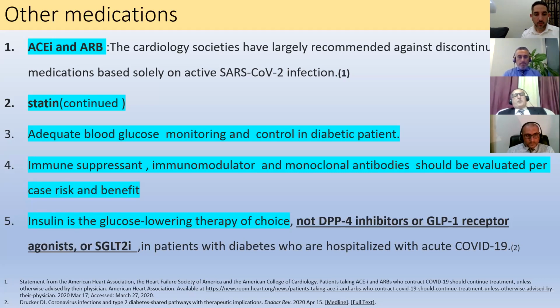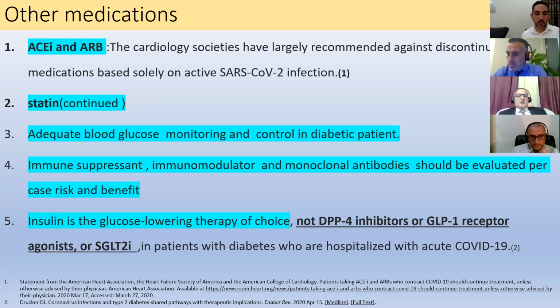Again, diabetic patients need adequate monitoring and good control of their sugar. And usually insulin is the best drug to be used during the treatment course for COVID. Other medications should be stopped, particularly DPP-4 inhibitors, GLP-1 receptor agonists and SGLT2 inhibitors.